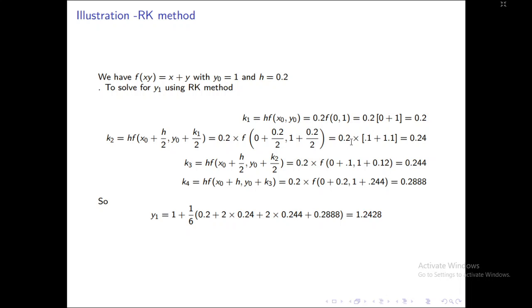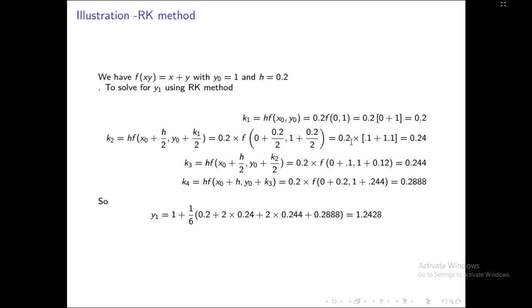So 0.1 plus 1.12 into 0.2, that is 0.244. And k4: there's a small difference in the expression for k4 compared to k3 and k2. K4 is h into f of x naught plus h. X naught plus h is actually x1, and that is 0.2. And y naught plus k3: y naught is 1, and 1 plus k3 is 0.244, so it is 1.244.